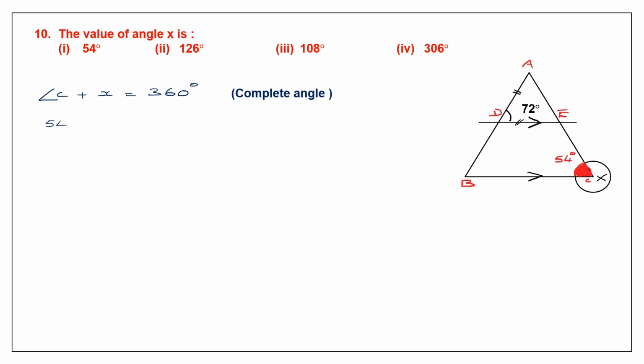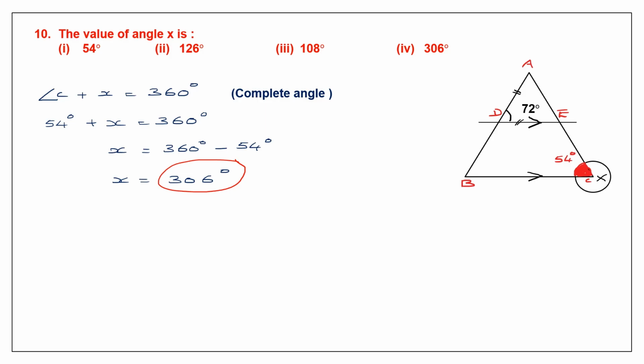It is 54 degrees. 54 degrees plus X is 360 degrees. So now we can find the value of X. X is equal to 360 degrees minus 54 degrees, and that is equal to 306 degrees. This is the final answer, and that is option 4, 306.